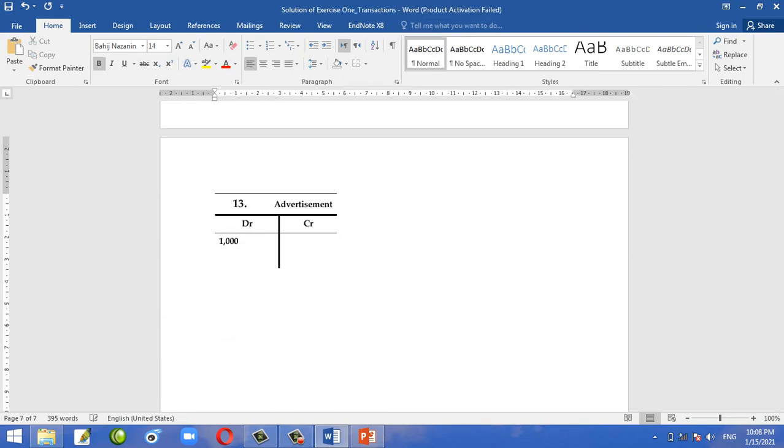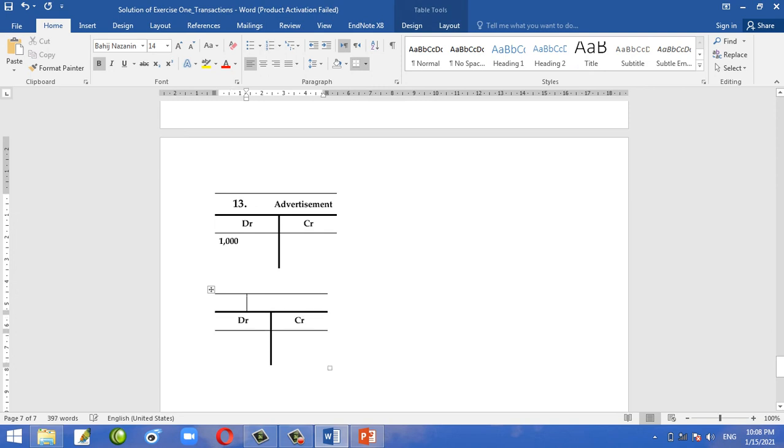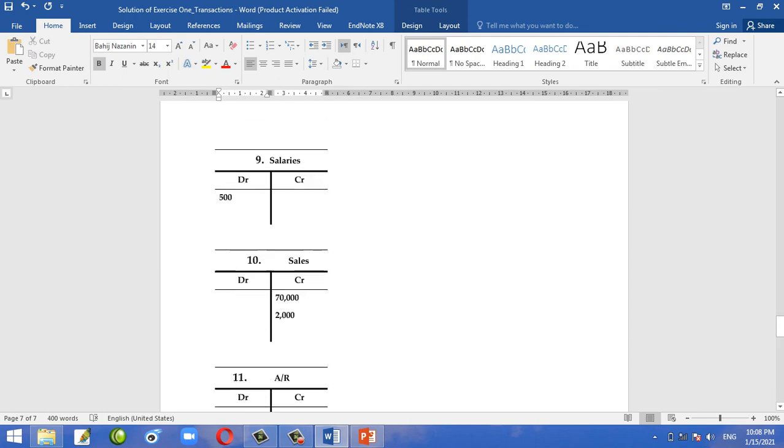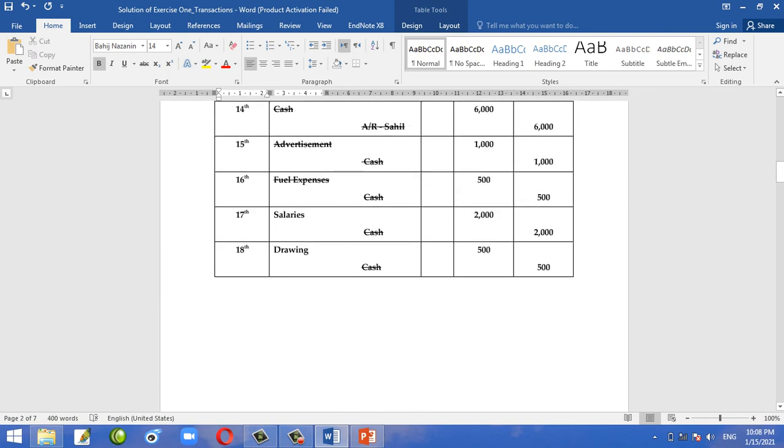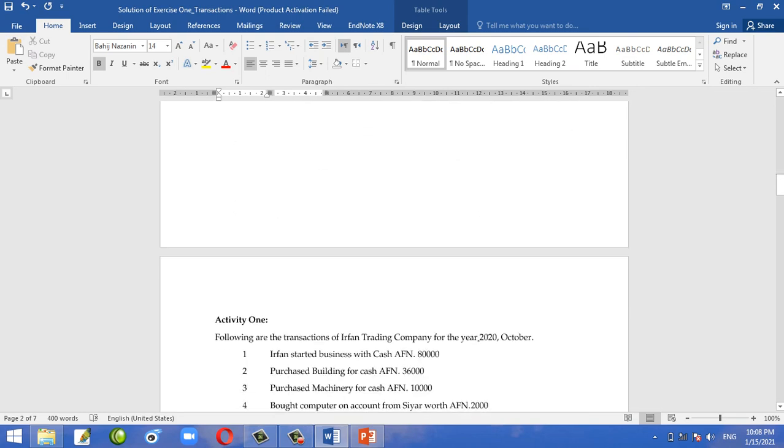The next one, fuel expenses, number 14. We had 500 as debit.